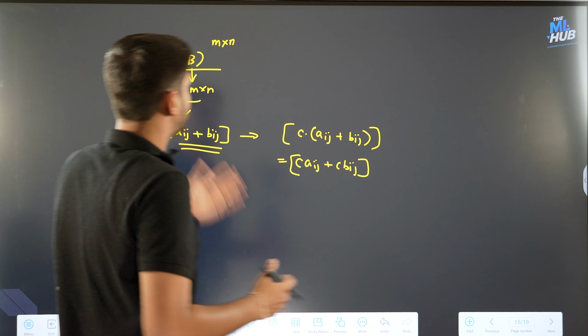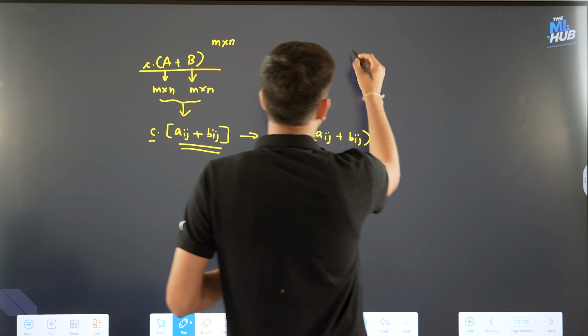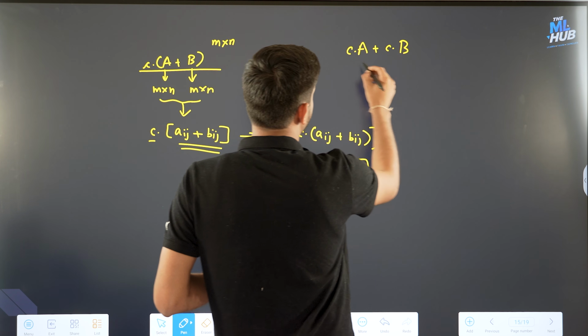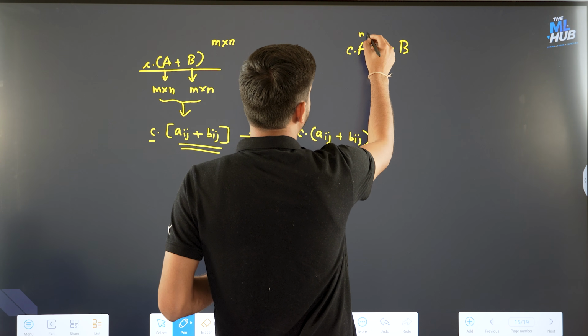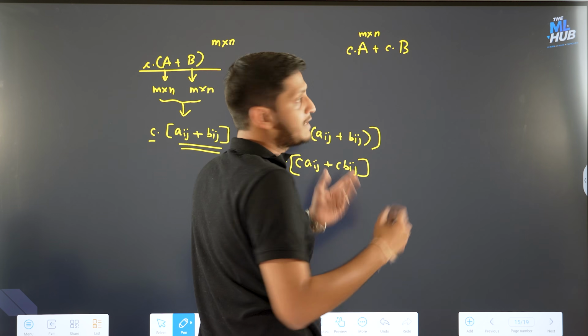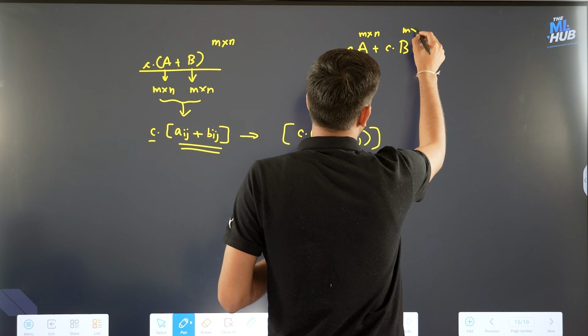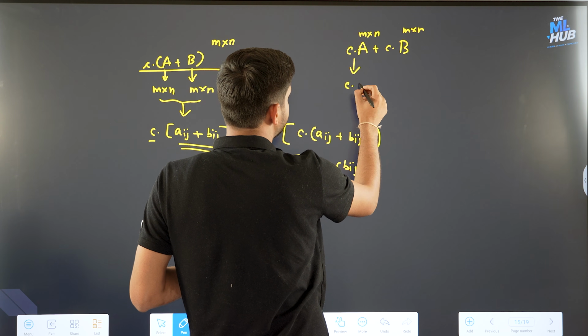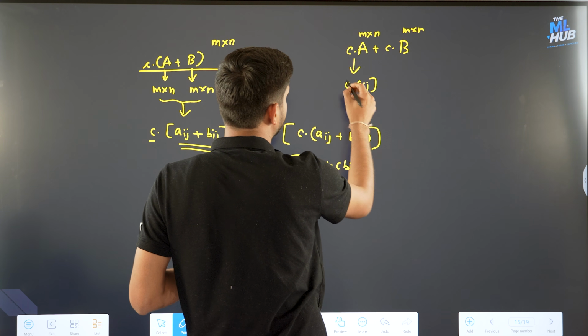Now similarly, the right hand side was c times A plus c times B. So here c times A will become an m cross n matrix, and c times B will also become an m cross n matrix, and the ijth element of c times A will be c times aij. We know this thing.